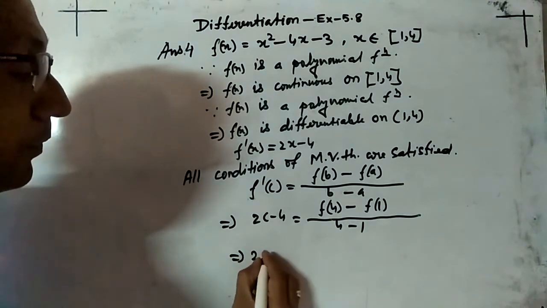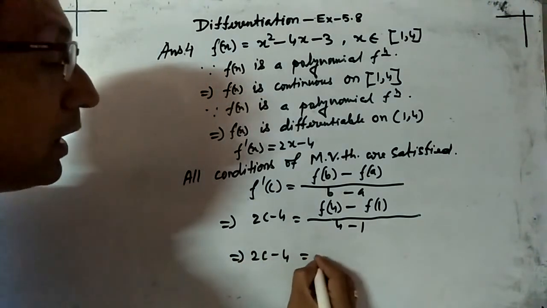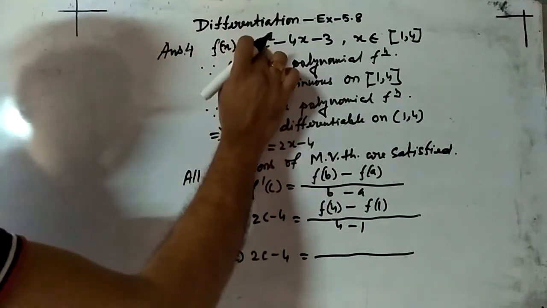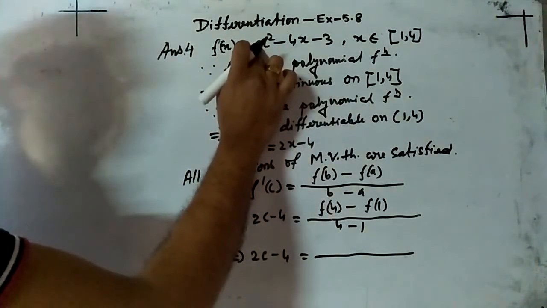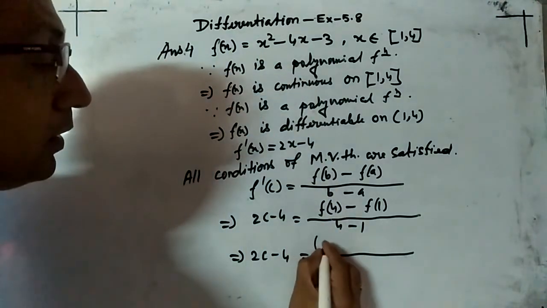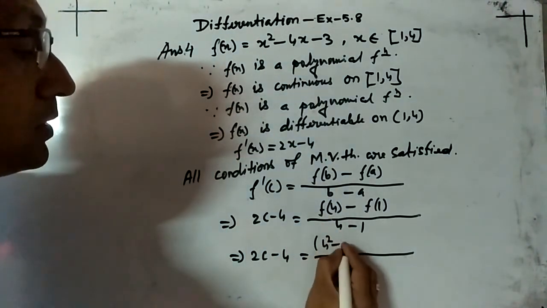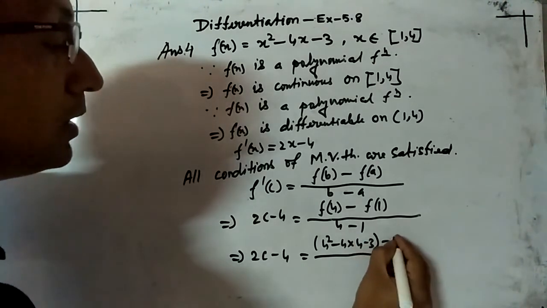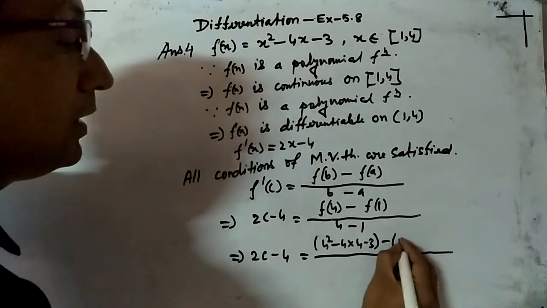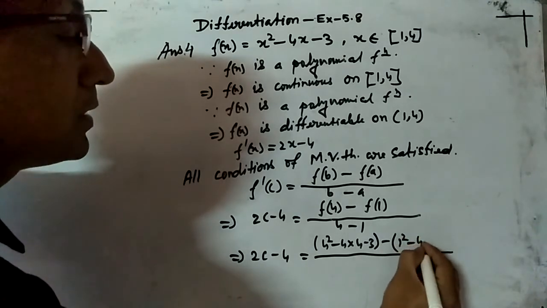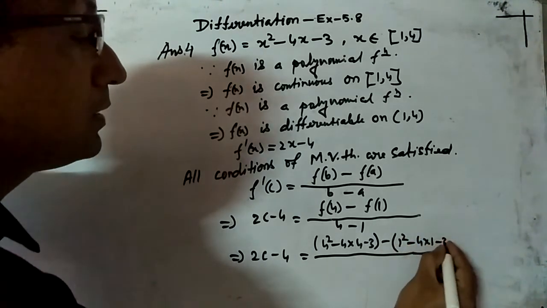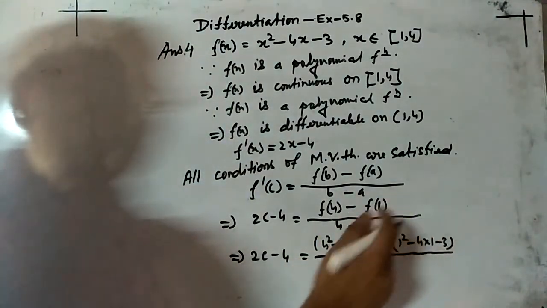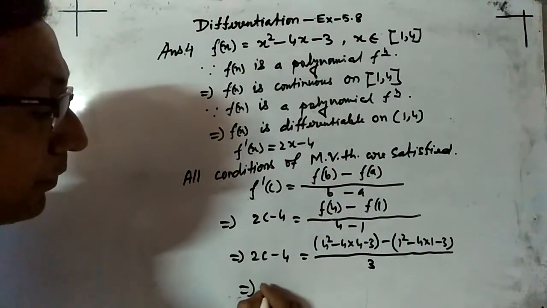So 2c minus 4, calculate f(4). That means put the value x equals 4 here: 4 square minus 4 into 4 minus 3, minus f(1), similarly 1 square minus 4 into 1 minus 3, upon 3. If we calculate this, we get 3.